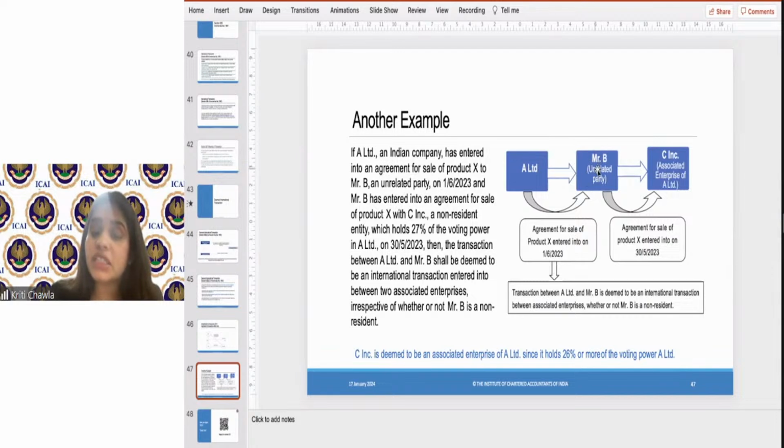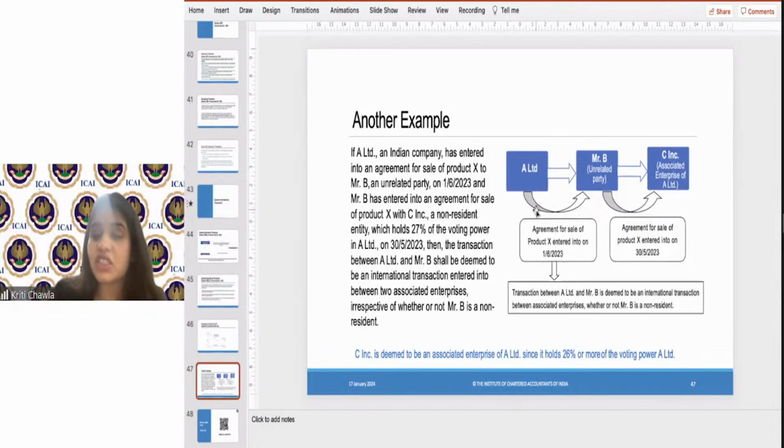Now, what happens is that B Limited enters into an agreement of sale of product X with C. So A sells to B, and B says that I'm going to be selling it to Mr. C. Now, A sells to B, and this is a transaction which is not related, and B sells to C. And A is actually related to C and it is an associated enterprise.